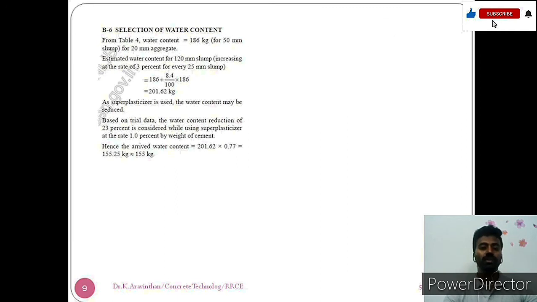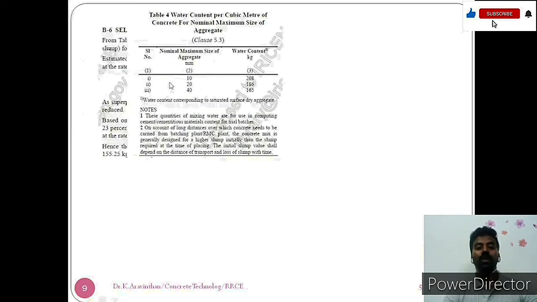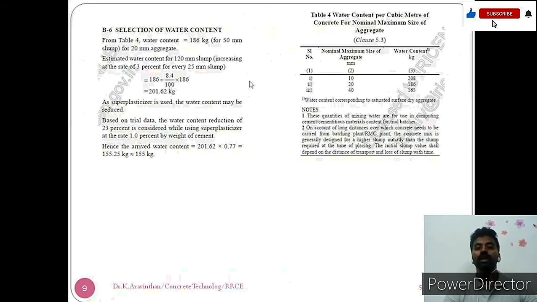Next, we shall identify the exact water content. We know the water cement ratio. By this ratio, IS 10262 Table 4 indicates the water content according to the maximum size of aggregate. You can see here that the smaller the size of aggregate, the more water is needed.